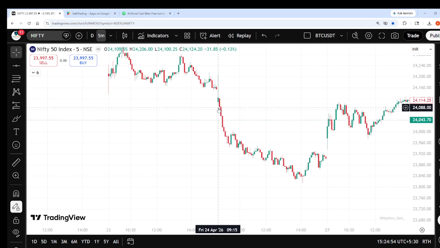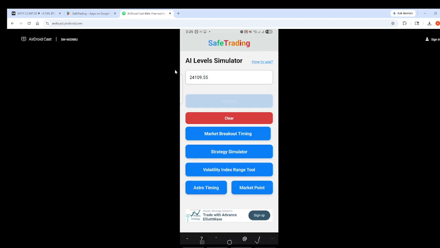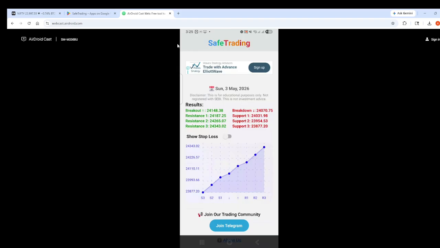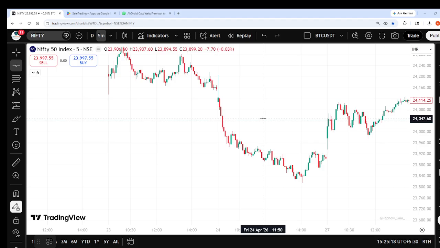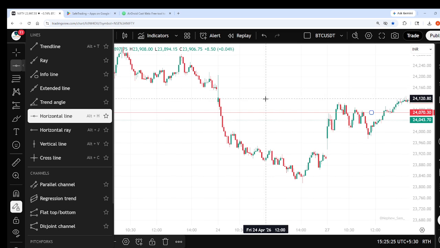So I give the opening price of 24,109.55. The breakout was about 24,148 and the breakdown below 24,070. So the breakdown below 24,070 is somewhere here, and the breakout above 24,148.